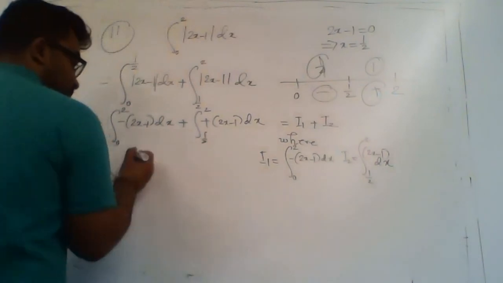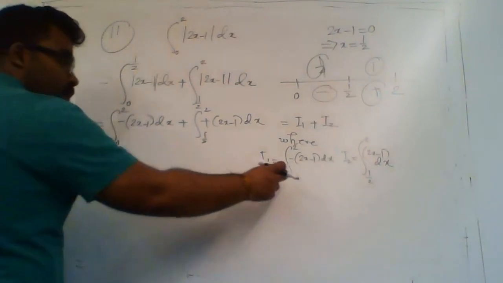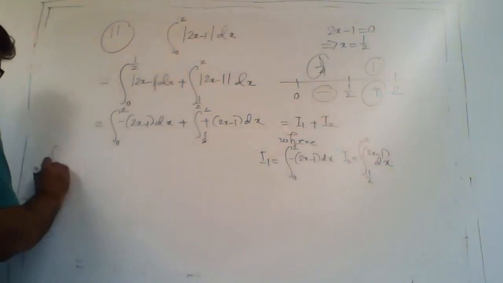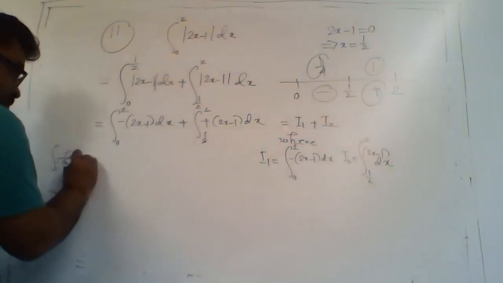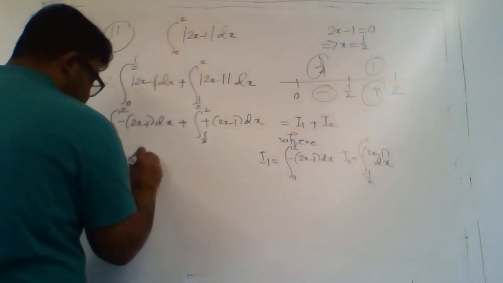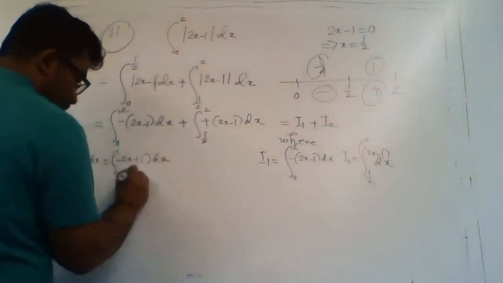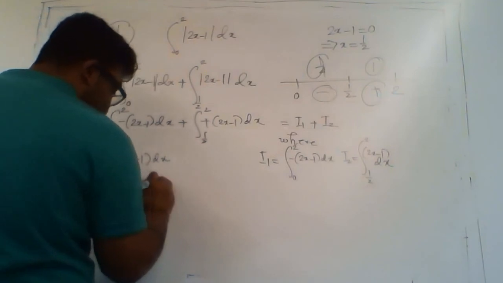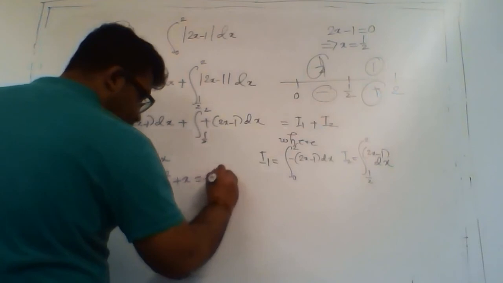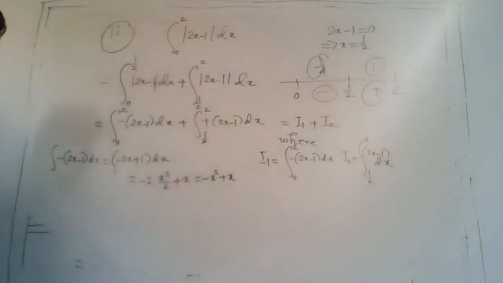So to find out I1, the same thing, first forget the limits and just do the corresponding indefinite integral. So integral of minus (2x minus 1) dx is integral of minus 2x plus 1 dx. Its value is minus 2 times x square by 2 plus x, which is minus x square plus x. This is the value.